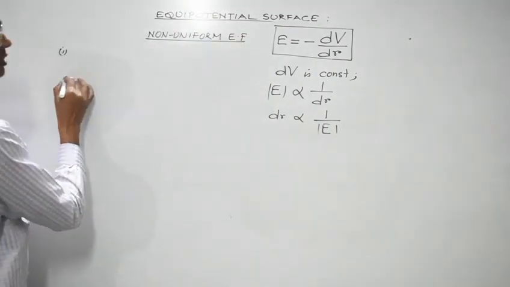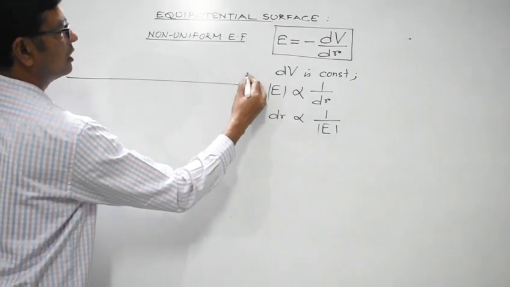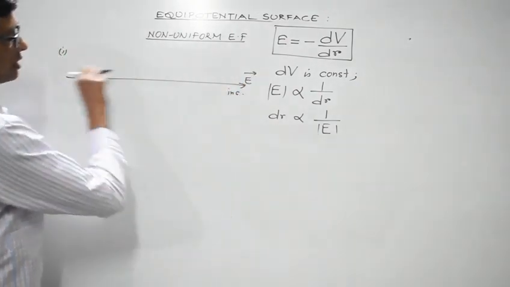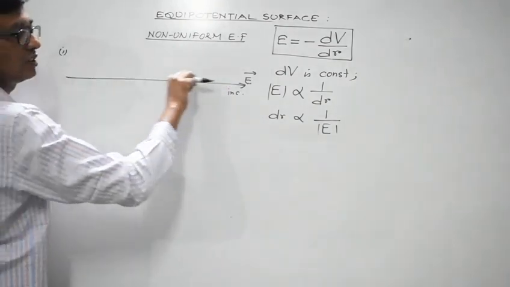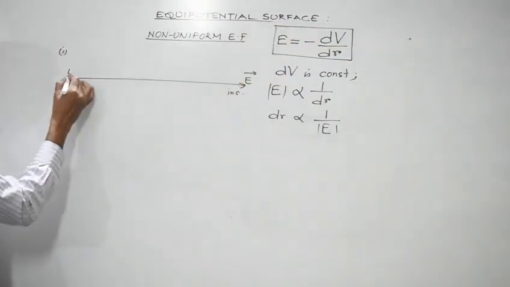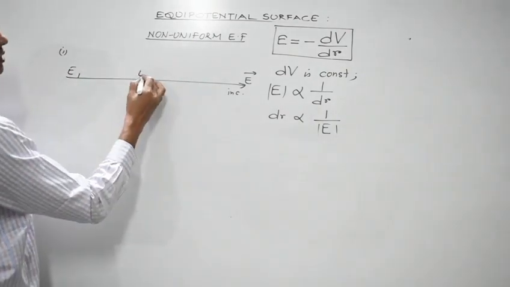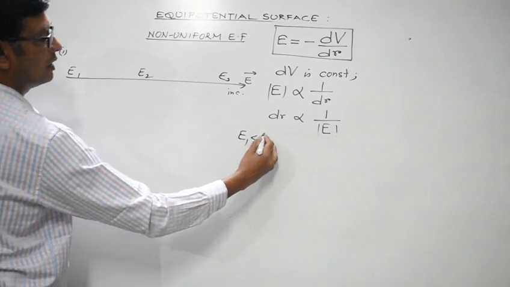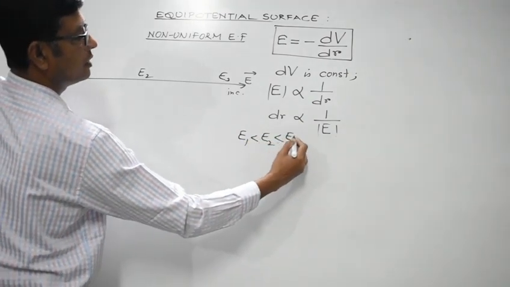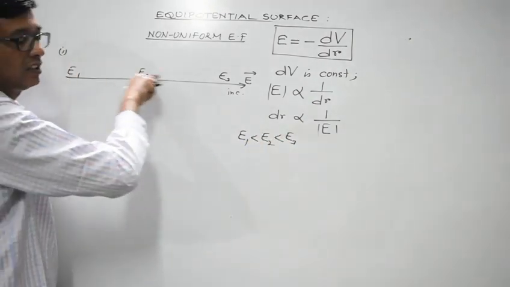First, suppose this is a non-uniform electric field. Let us consider this to be the increasing direction of the electric field, right? The electric field is increasing along this direction. Here, suppose it is E1, this is E2, and this is E3. So, E1 is less than E2 and it is less than E3. So, the electric field is increasing along this particular direction.